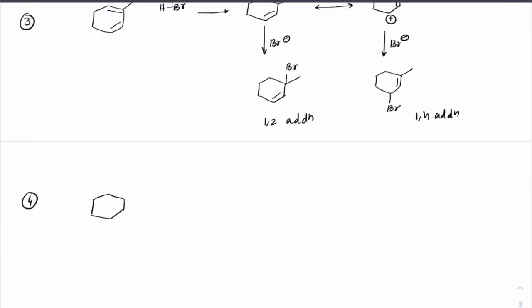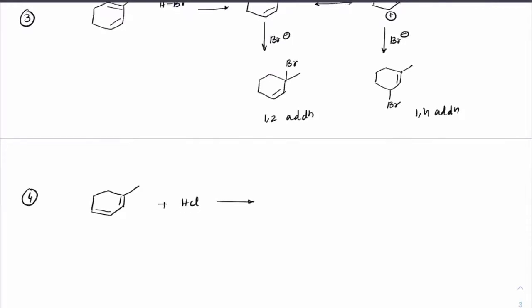Suppose we have a double bond here and a double bond here, and I'm adding HCl to it. See what are all the products you can get. First, a carbocation can form at this point. So the carbocation will form here, with the double bond here, because H plus will get added on this double bond more than the other double bond.